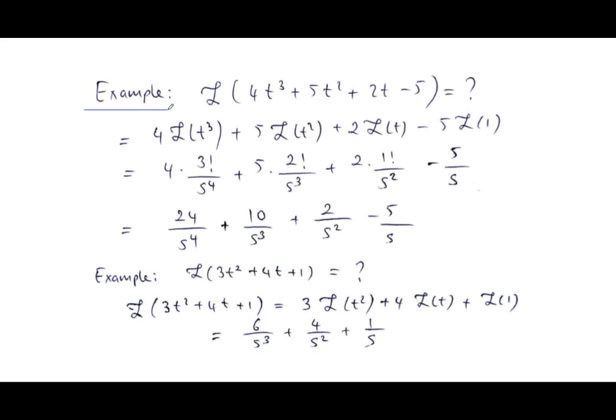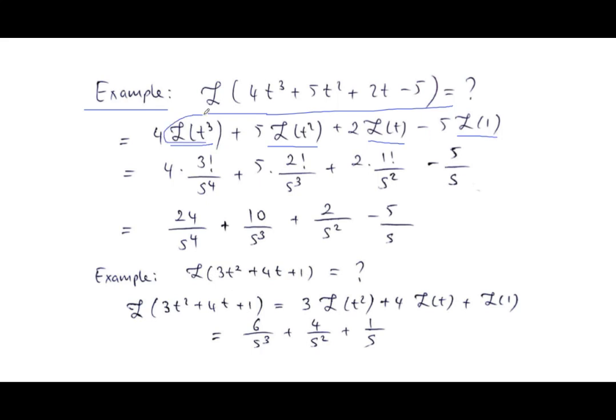Let's look at this example. We want to calculate the Laplace transform of 4 times t cubed minus 5t squared plus 2t minus 5. It's a polynomial expression, but we know each piece already from the previous examples. And then we can use the linearity of the Laplace transform and take care of each one by one.